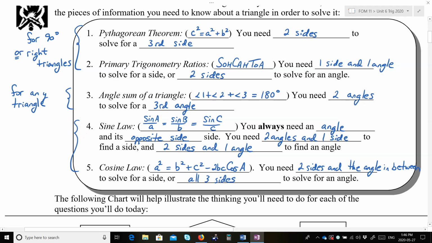And remember, these two tools of trigonometry are for non-90-degree triangles. Okay, and so those are our tools of trigonometry in a nutshell.